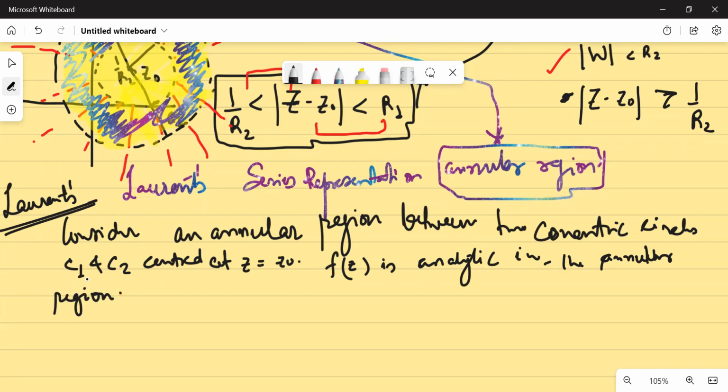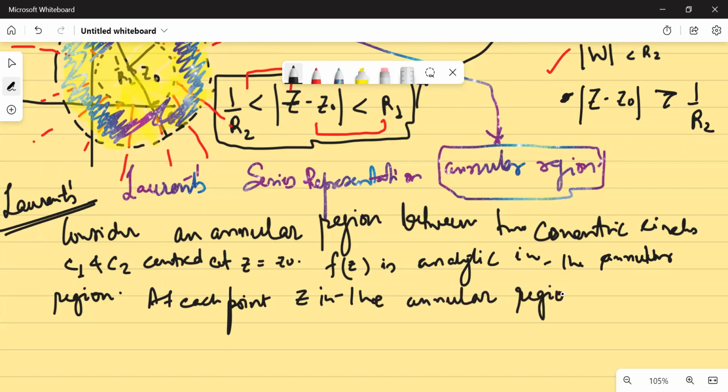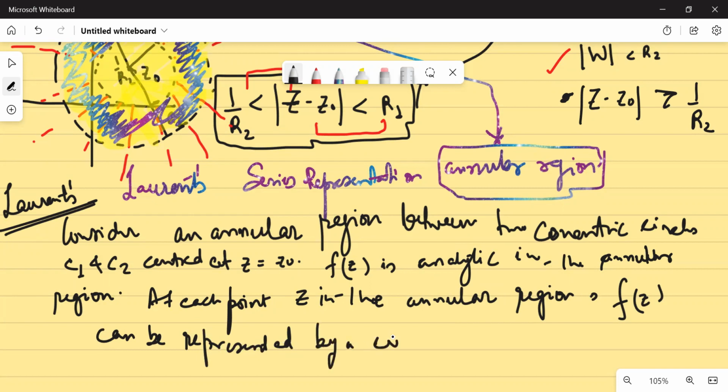At each point z in the annular region, f(z) can be represented by a convergent series, which I can say is in this fashion.